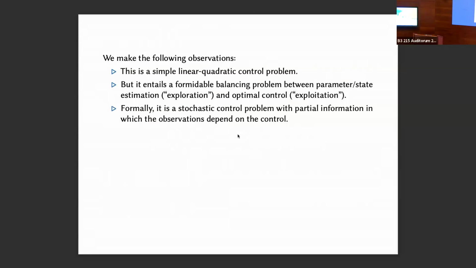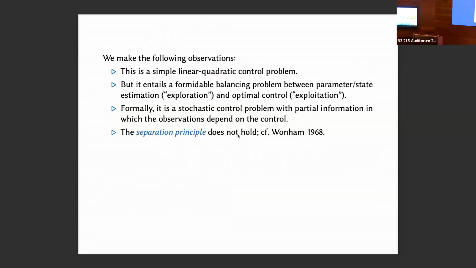You want to choose u large so that you see more of the unknown parameter, but maybe not too large, because that would make your position too risky. So formally, this is a stochastic control problem with partial information or partial observations. And what makes it particularly tricky is that how much you observe of the unknown state depends on what you're doing. And that's what we try to solve with this paper.